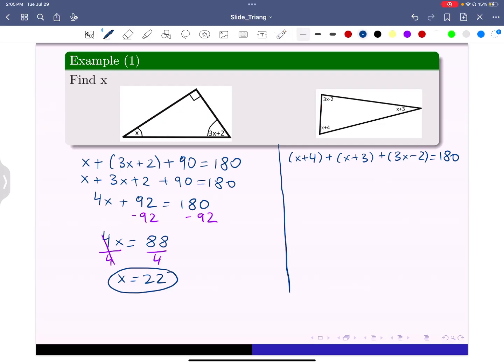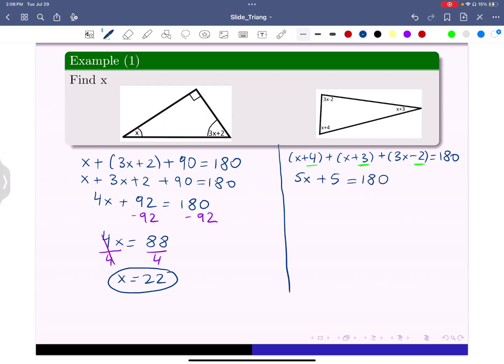How many x's do we have? We have 1x, 2x, and 3x, so the total is 5x. Then we add the numbers: 4 plus 3 is 7, minus 2 is 5. So we have plus 5 is equal to 180.